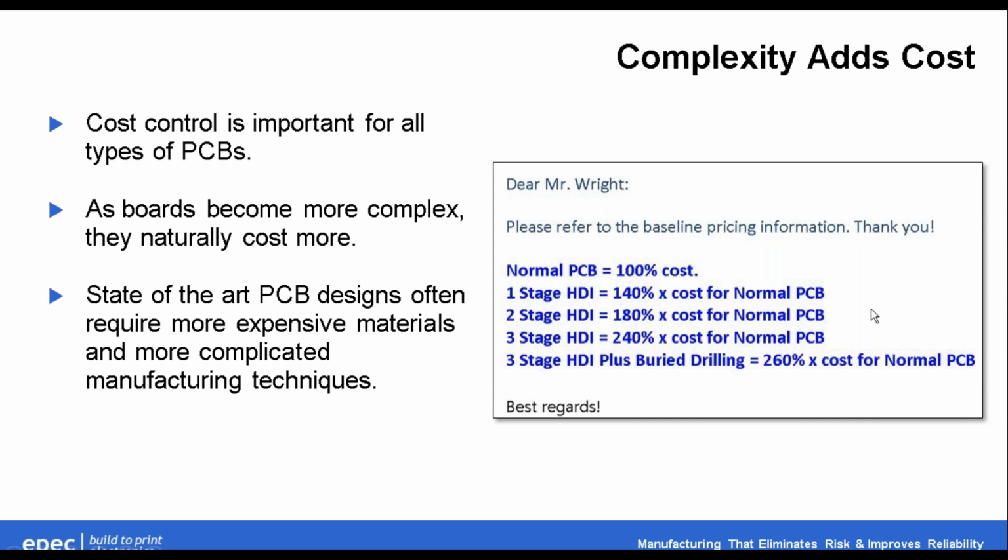At the right, I have a little picture of how high-density interconnect boards, these are boards where you have to laminate multi-layers more than once, and how the costs increase quite a bit as you add different stages of HDI. So a normal board at 100%, you add one stage of HDI, you're looking at about 40%, then 80, then even 240. So it can get very expensive. Sometimes it's unavoidable.